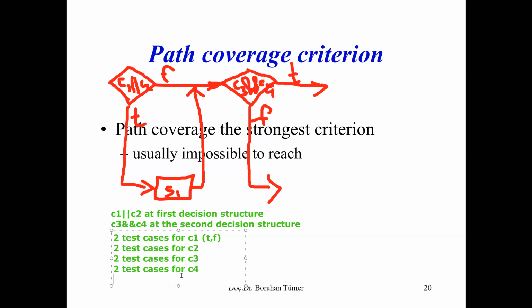Since it is using one test case for each predicate, what may it be? Okay, perfect. Kevser and Ertuğrul gave correct answers. This is condition coverage criterion.